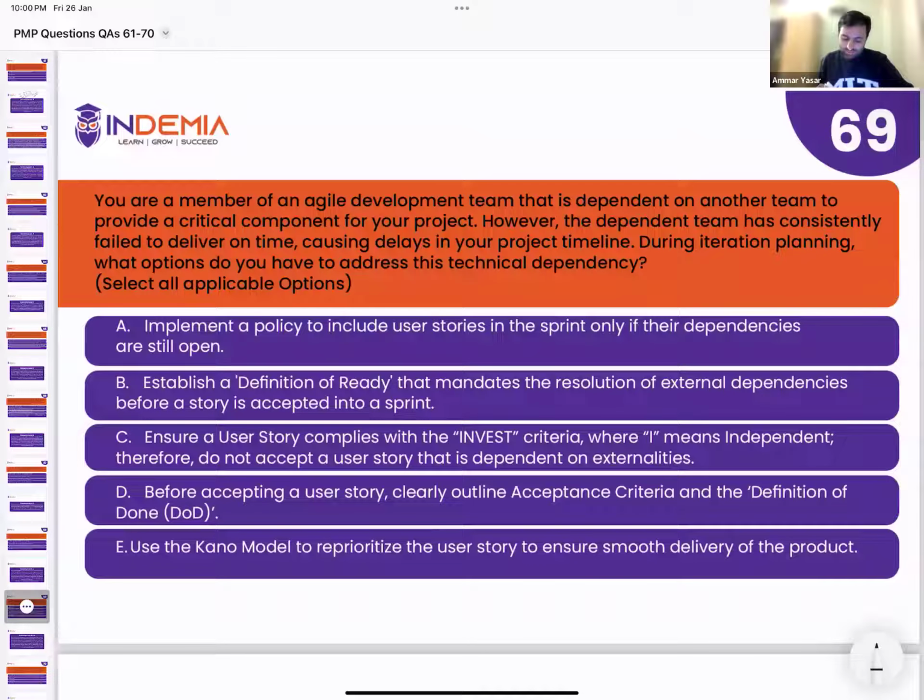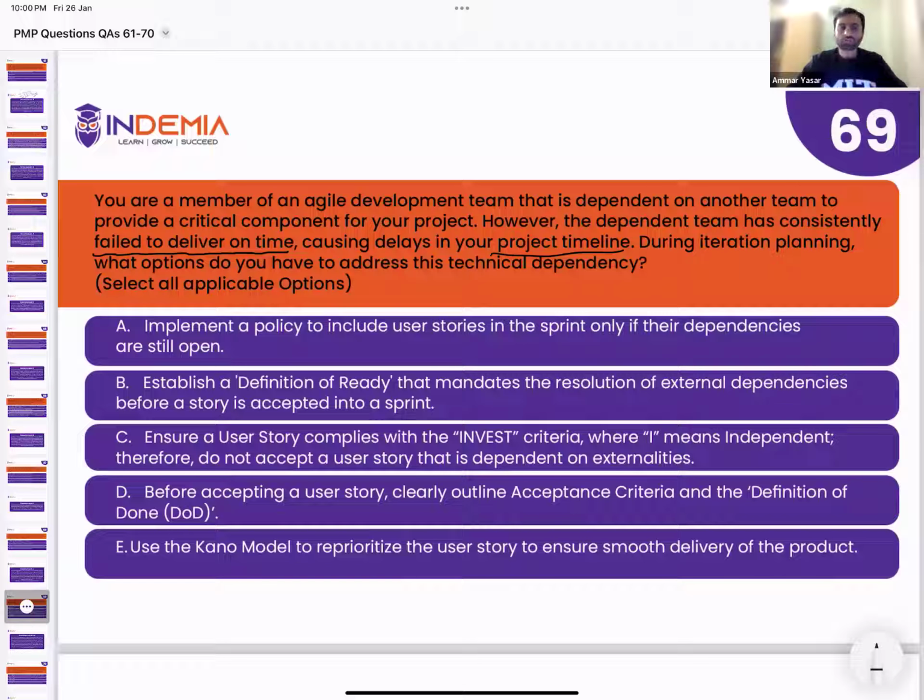So if you see, it says the dependent team has consistently failed to deliver on time, causing delays in the project timeline. So it means you need to remove this dependency. And if you recall, the definition of ready says you need to check if a user story is ready to be pulled into the iteration backlog.